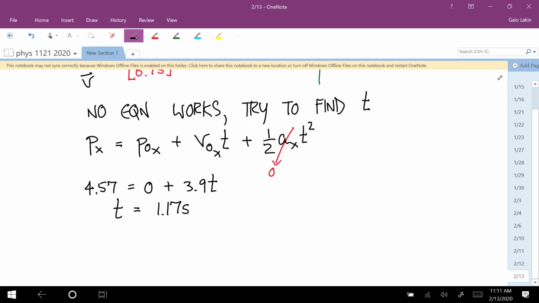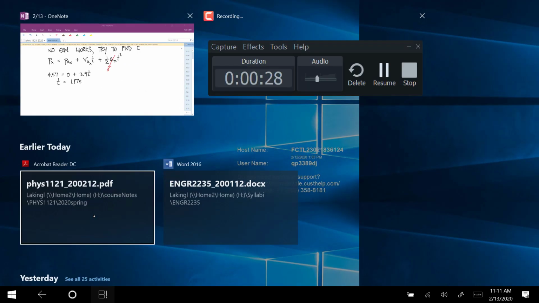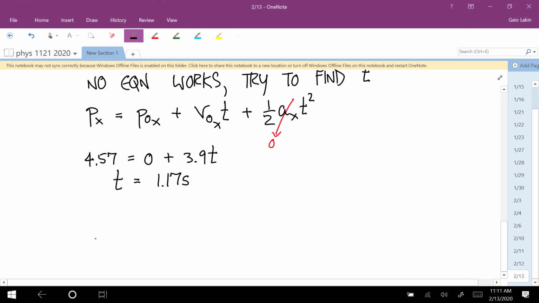And now that'll let us use this equation. Py is equal to P0y plus V0yt plus 1/2 ayt squared.